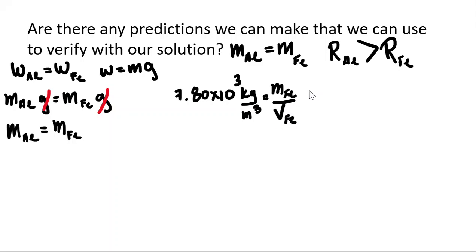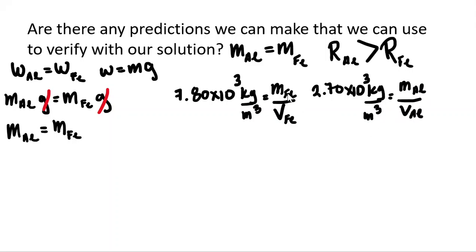We also know that the density value for aluminum is 2.70 times 10 to the third kilograms per cubic meter, and that's equal to the mass of aluminum divided by its volume.